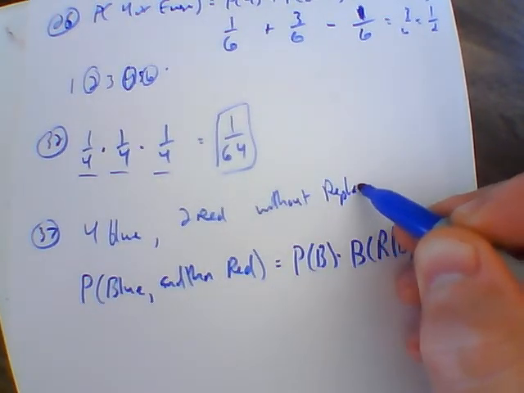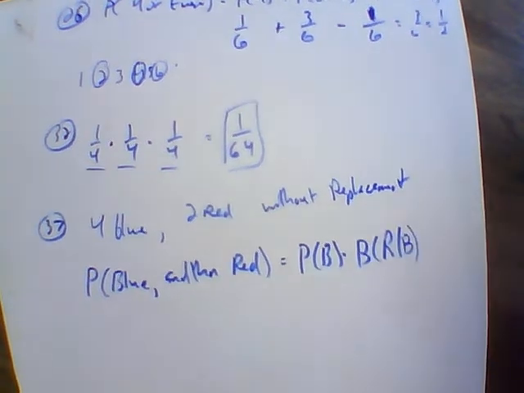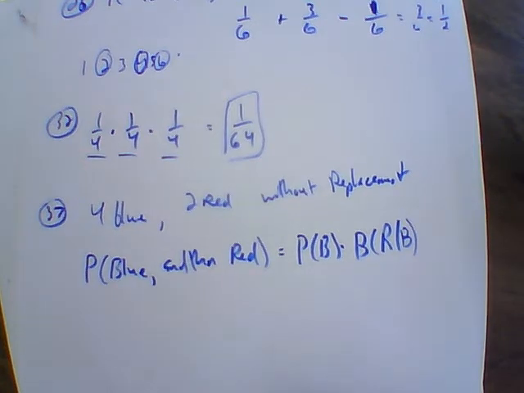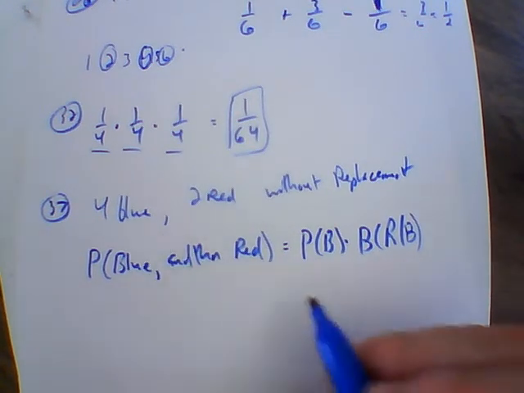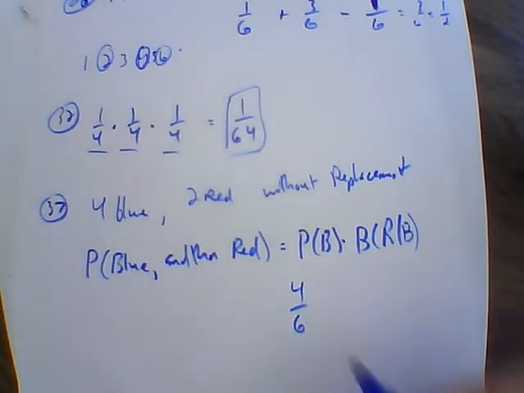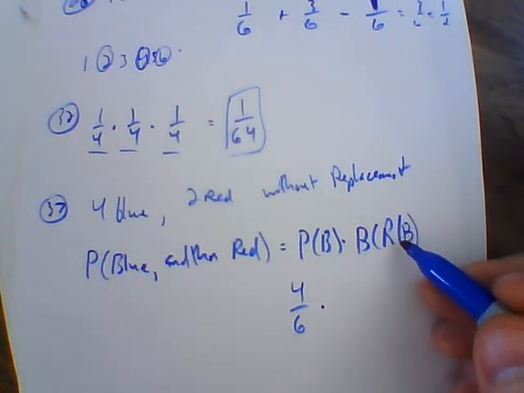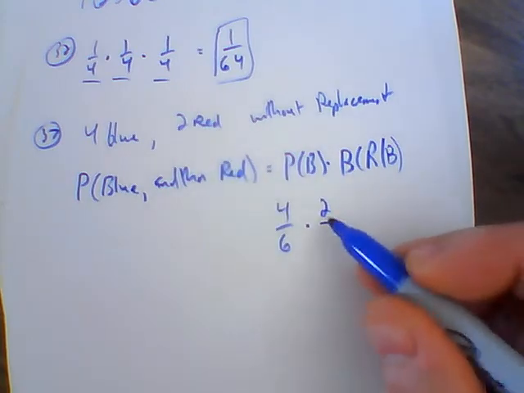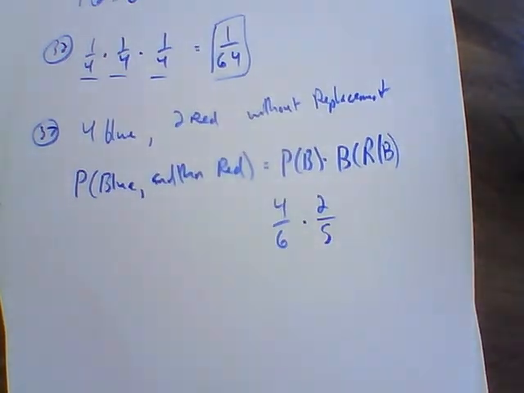without replacement. Okay, so that means that total that was in the jar changed somehow. So we're talking about some sort of dependent event that's going on here. So if we consider probability of a blue, there are 4 out of 6. Now we want to pull out a red. Okay, so there are 2 reds in here, but we only have 5 of them left.